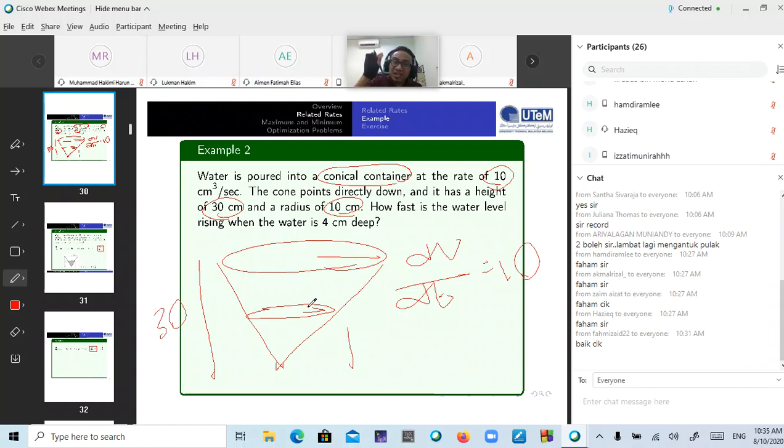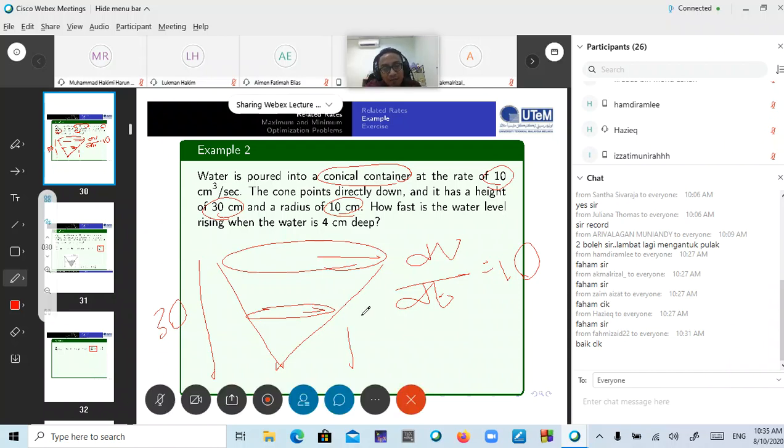But the difference is height of water level ni. Sebab tu dia tanya, how fast is the water level rising when the water is 4 cm deep? Maksudnya, dia punya radius water tu, berapa height dia yang awak nak cari.